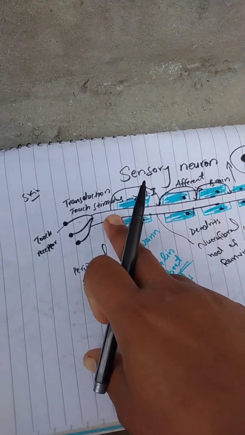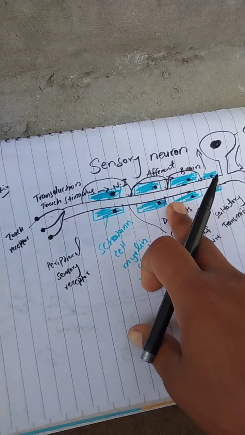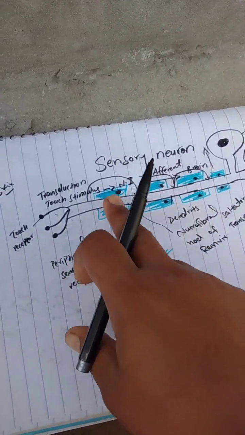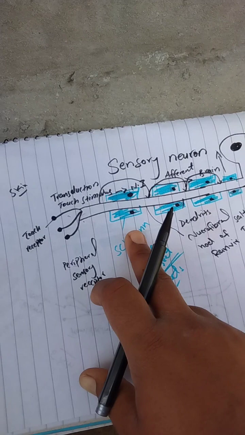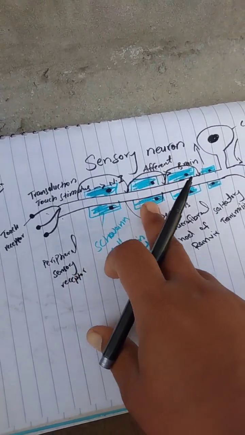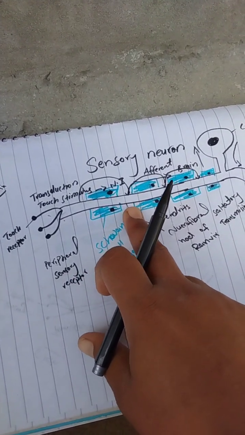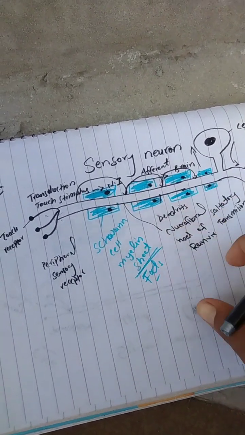So due to this myelin sheath, the speed of the nerve impulse becomes so fast. Why? Because there is a space between these Schwann cells. This space speeds up the nerve impulse.